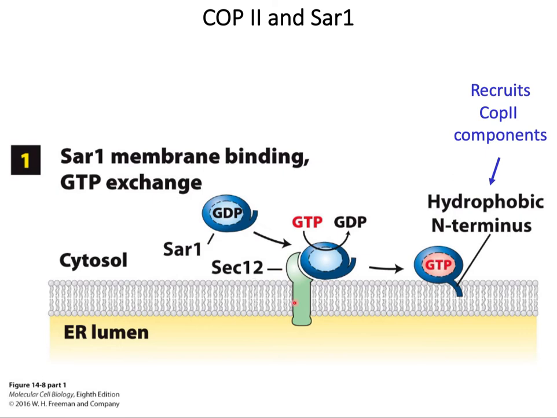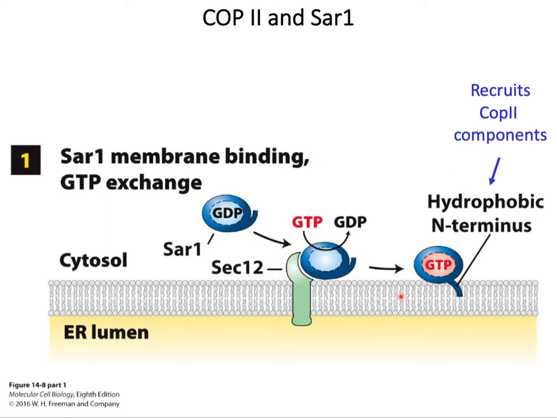When it encounters SEC12, you get an exchange of GDP for GTP. So now SAR1 is bound to GTP. When that happens, its hydrophobic N-terminus is exposed and it becomes membrane associated. It binds to the membrane.